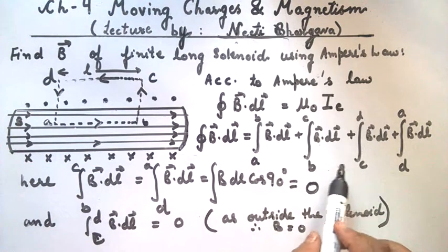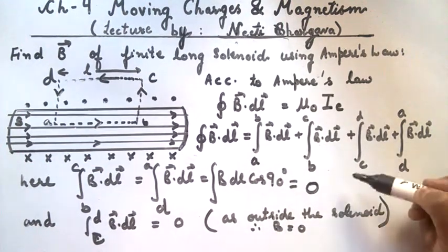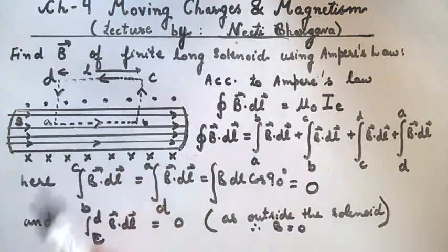Thus, we have only the AB line integral. Because of this, we will calculate the value of the magnetic field.